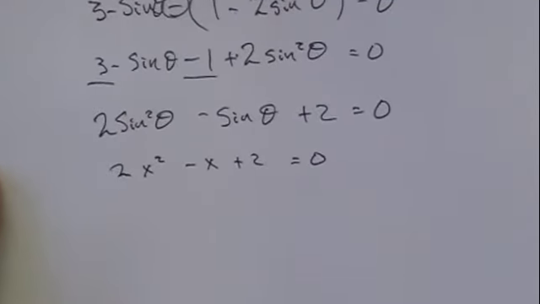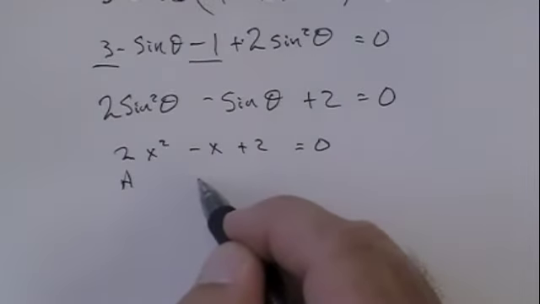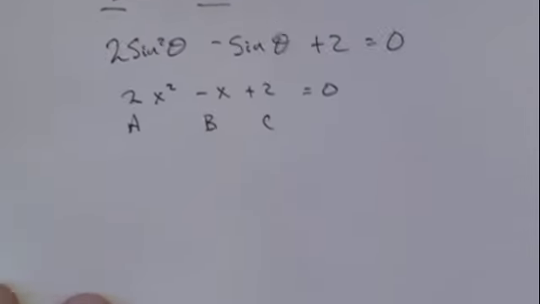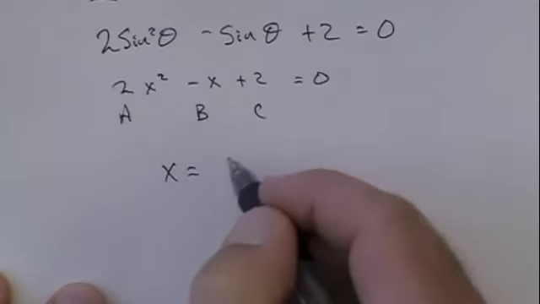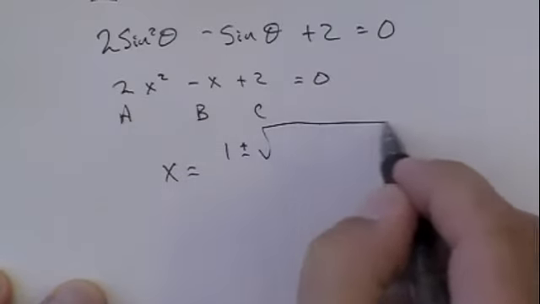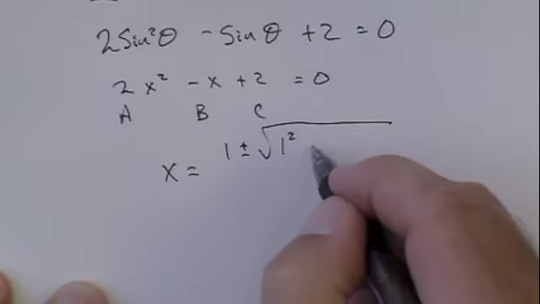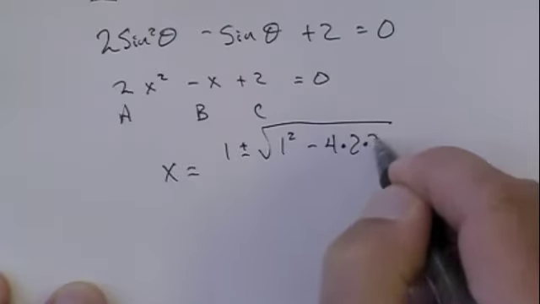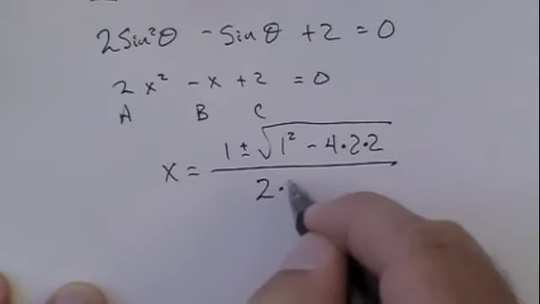So what we could do here then is use the quadratic formula. So we've got our a is 2, b is -1, c is 2. So as far as solving for x, we're going to say that x is equal to 1 plus or minus the square root of 1 squared minus 4 times 2 times 2, all of this over 2 times 2.